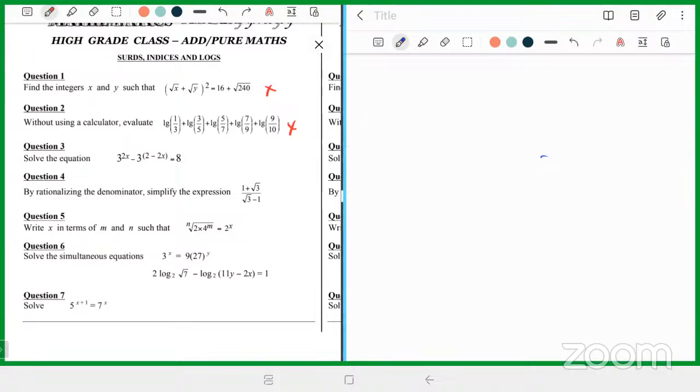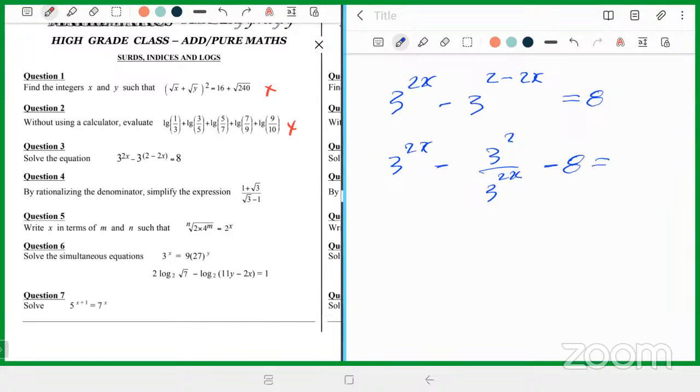So I'm starting with 3 to the 2x minus 3 to the 2 minus 2x equals 8. The minus here means divide. So it's 3 to the 2x minus 3 squared over 3 to the 2x minus 8 equals 0.